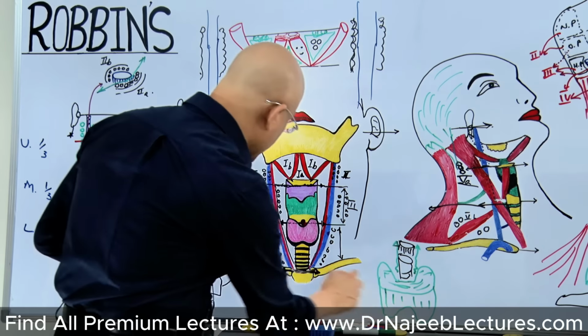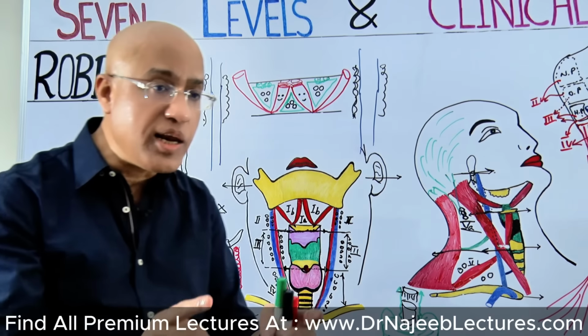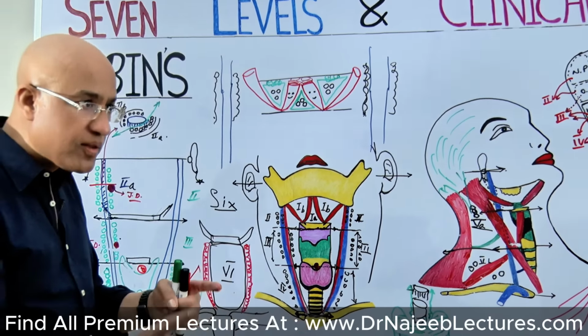Okay, come here. This is the trachea. Behind it there is the esophagus, and laterally there is a groove between trachea and esophagus on both sides. In that groove, the nerve which is going up is the right and left recurrent laryngeal nerve. That is why it is important, you will see very soon.